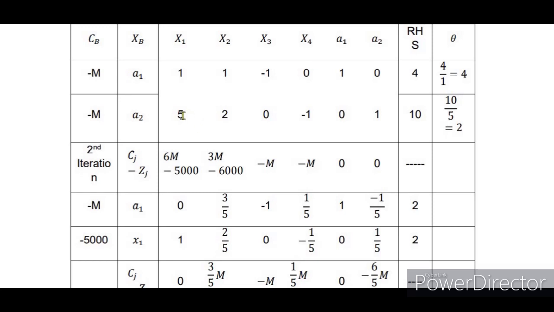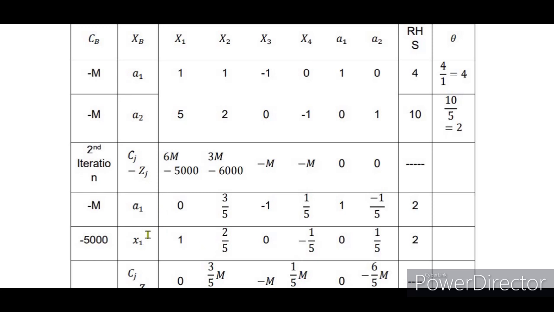So 5 divided by 5 is 1, and 2 divided by 5 is 2/5. 0 divided by 5 is 0. -1 divided by 5 is -1/5. 0 divided by 5 is 0. 1 divided by 5 is 1/5. 10 divided by 5 is 2. Alright, so now we replace a sub 2 row with x sub 1 row in our second iteration.